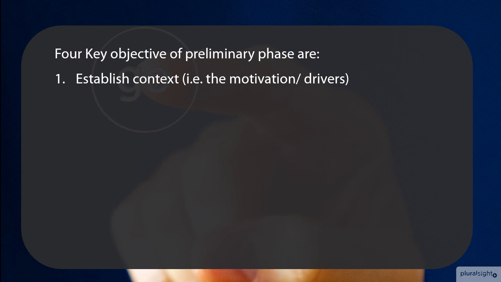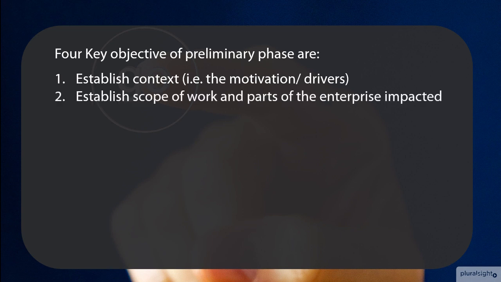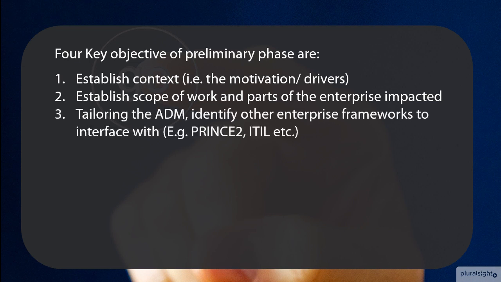Next, it establishes the scope of the architecture and thereby also identifies the parts of the enterprise impacted by this work. It then identifies if the TOGAF framework needs to be further tailored or optimized to fit the current context of the enterprise.